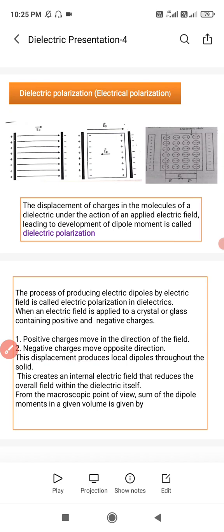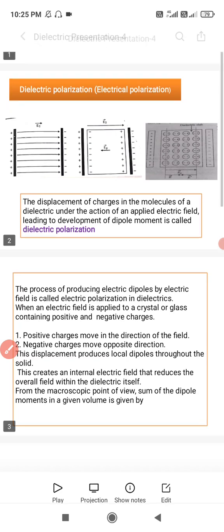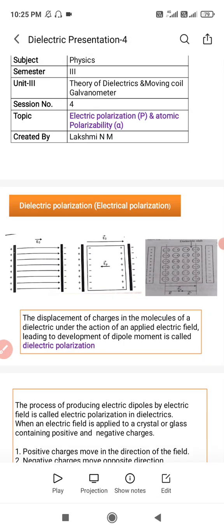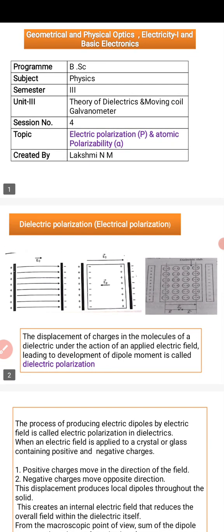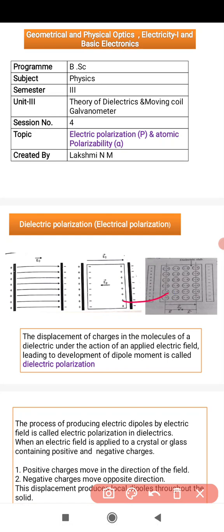This means after the application of the electric field in a dielectric material, the positive charges of the atoms are aligned in the direction of the applied electric field, and the negative charges are pulled in the direction opposite to the electric field. Due to this, the negative and positive charges form a dipole moment, with distance d or x.